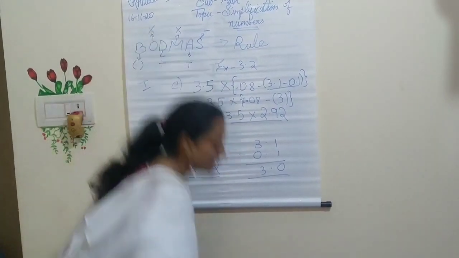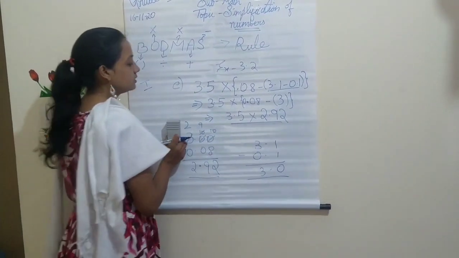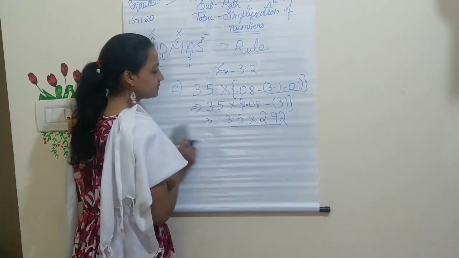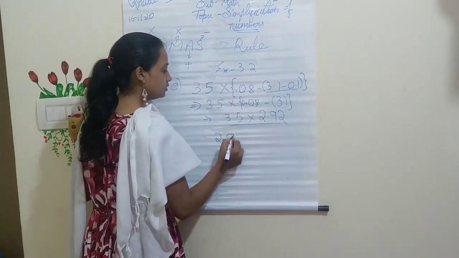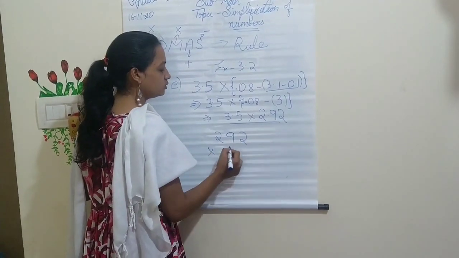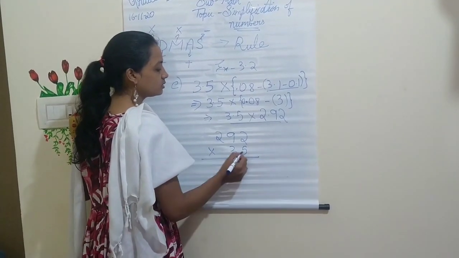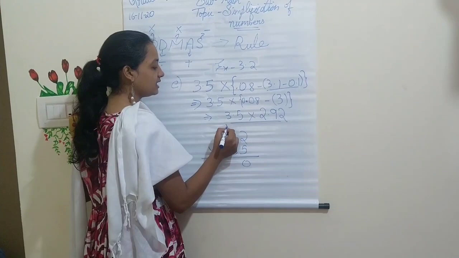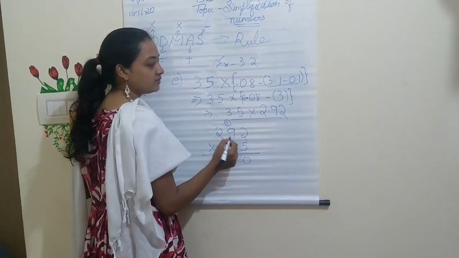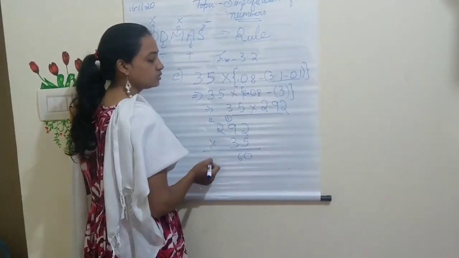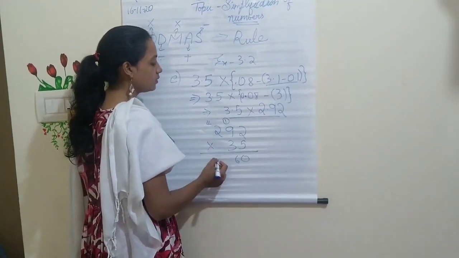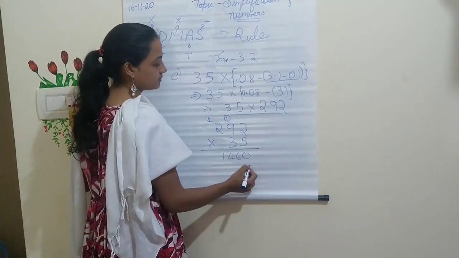So how to multiply the decimal numbers, children? We have learnt it already. So let us multiply. 292 into 35. 5 2s are 10. 5 9s are 45 plus 1, 46. 5 2s are 10 plus 4, 14.